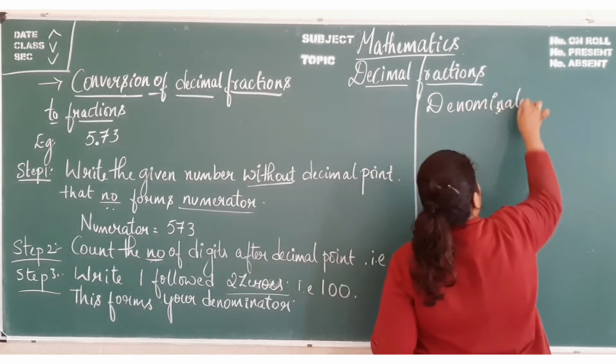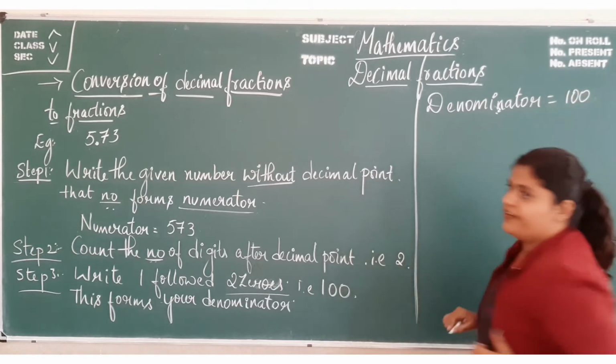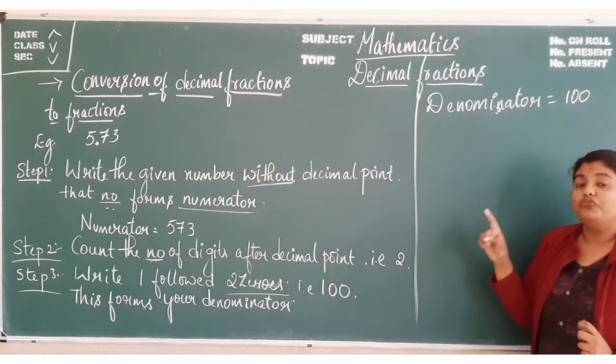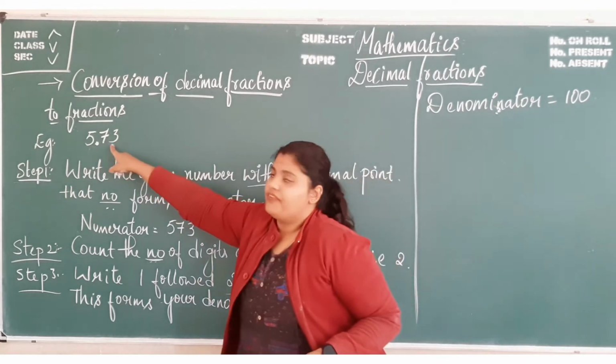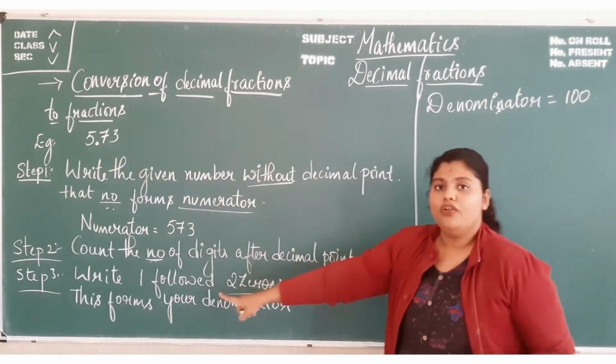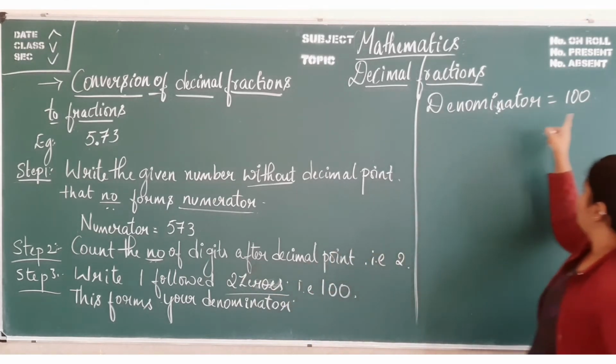Yes, denominator will be 100. So what we did, we counted the number of digits after the decimal point. Since we had 2 digits after the decimal point, we took 1 followed by 2 zeros, that is nothing but 100. So now the denominator is 100.